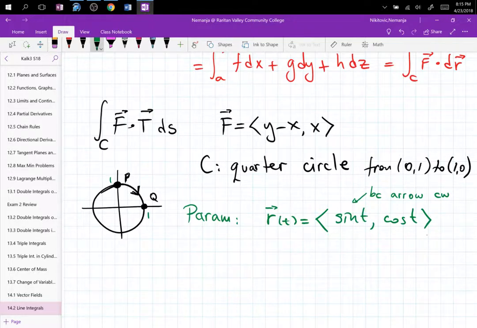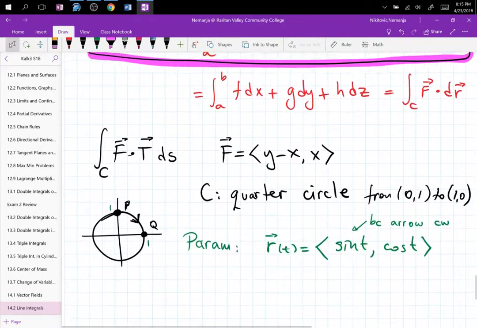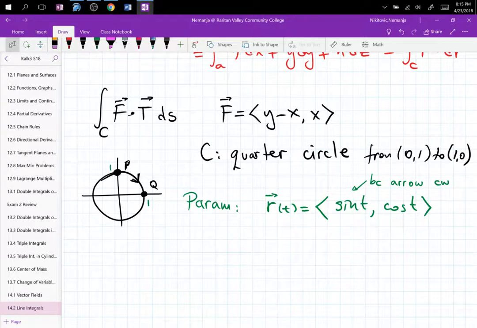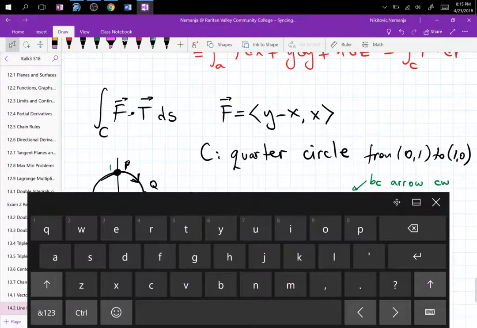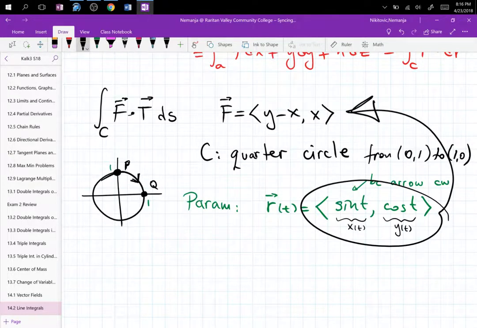So now all I need to do is to compile the entire integral up there because I have my r. I need r prime, right? So this guy over here is x of t, and this guy over here is y of t. They get plugged in here.